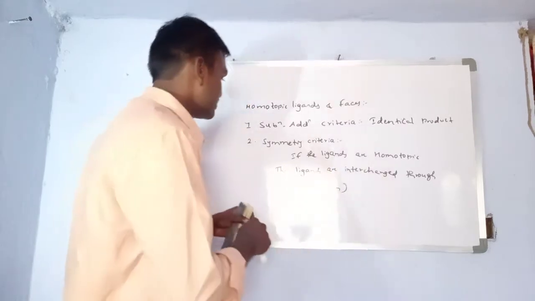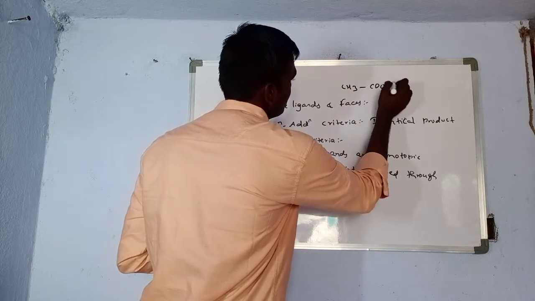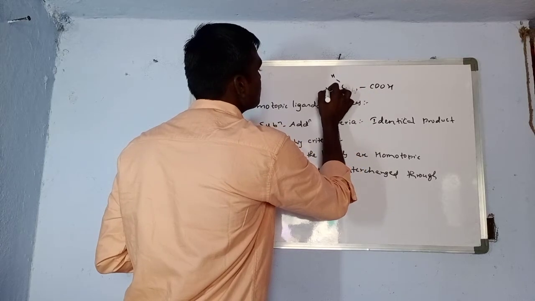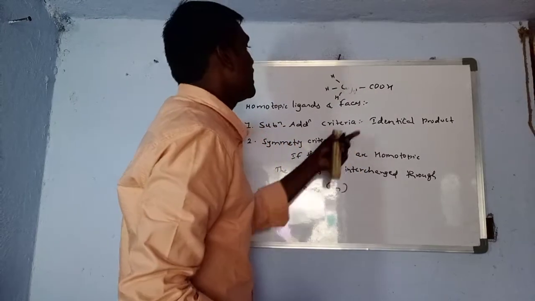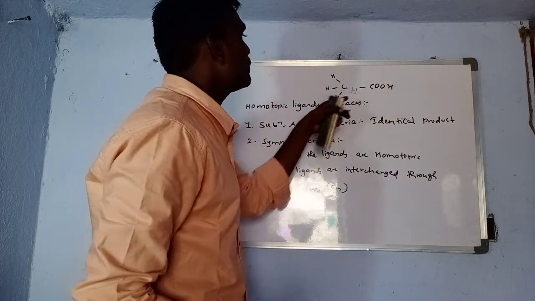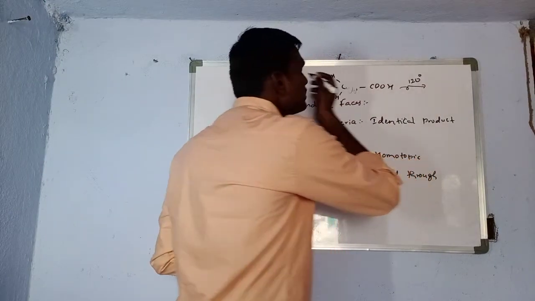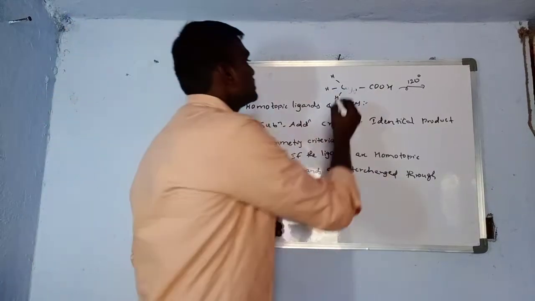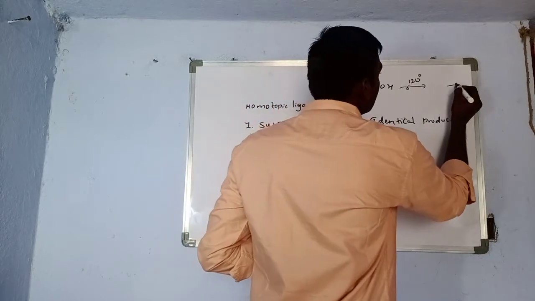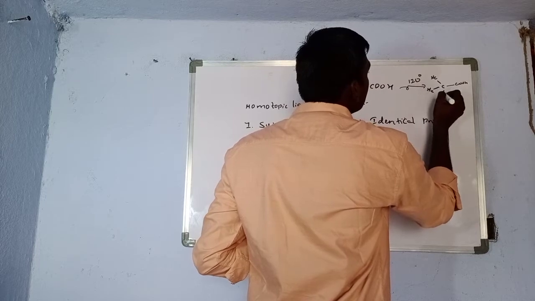Let's see one example. If you take acetic acid, the three hydrogens are equally influenced by the carboxylic acid group. If you rotate the molecule by 120 degrees, HA, HB, HC become HC here, HA here and HB here.